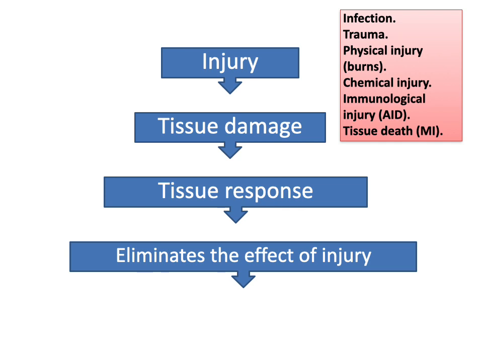Once the cause or the inciting agent is removed, it will try to clean things up. It will try to remove the dead cells, the inflammatory cells, so that repair can begin.